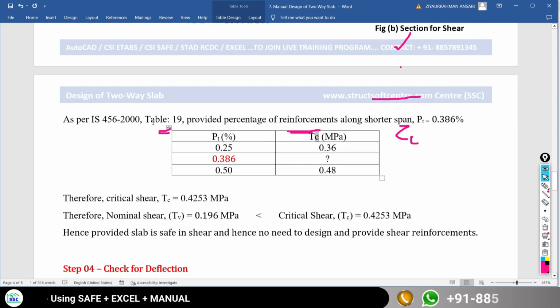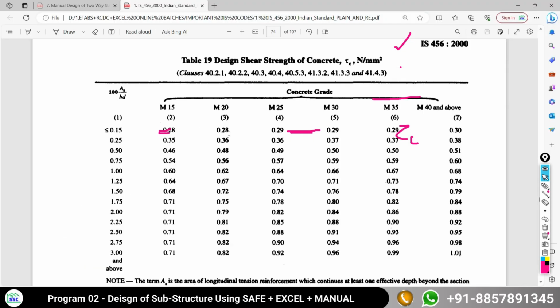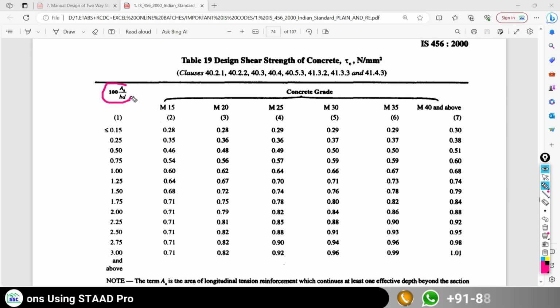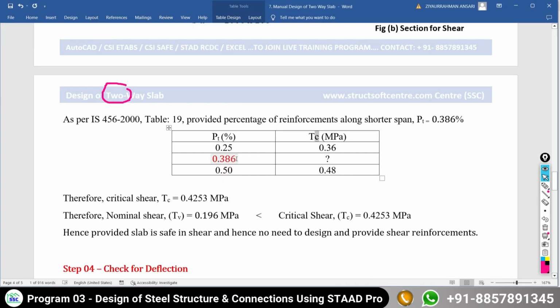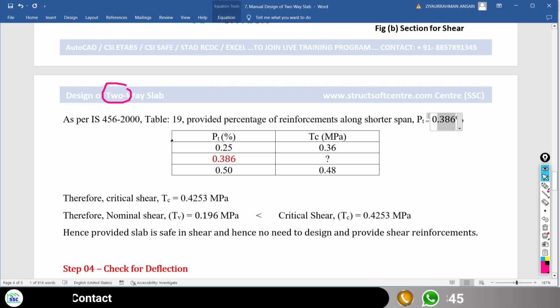So go and look at table number 19 of IS 456-2000. This is defining the critical capacity. Here we need to know the percentage of reinforcement. How much is the percentage of reinforcement provided along the shorter span? We have provided a percentage of reinforcement along the shorter span as 0.386 percent.